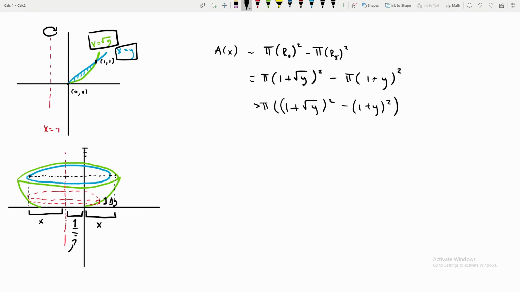Now all that's left to do is to sum up all of these cross sections using the integral. So we're going to write the integral, and now we need to figure out the bounds of integration. Because we have chosen dy to be our thickness, that means that our bounds of integration are going to be along the y-axis. Now we need to figure out, where does this function span on from the y-axis?